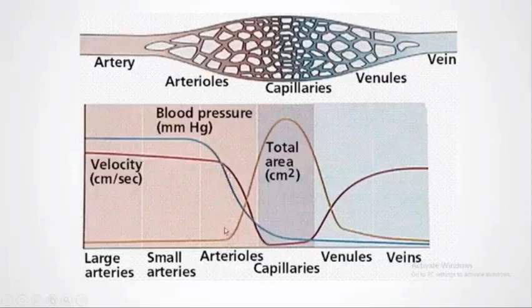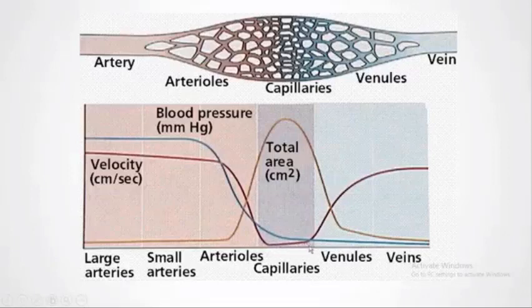However, when the blood reaches the arterioles and starts to move from arterioles into capillaries, there is a drop in this velocity till we reach the minimum value at the level of capillaries. As long as the blood is moving through capillaries, the value of this velocity is very low. So here we have a constant low value for the velocity.